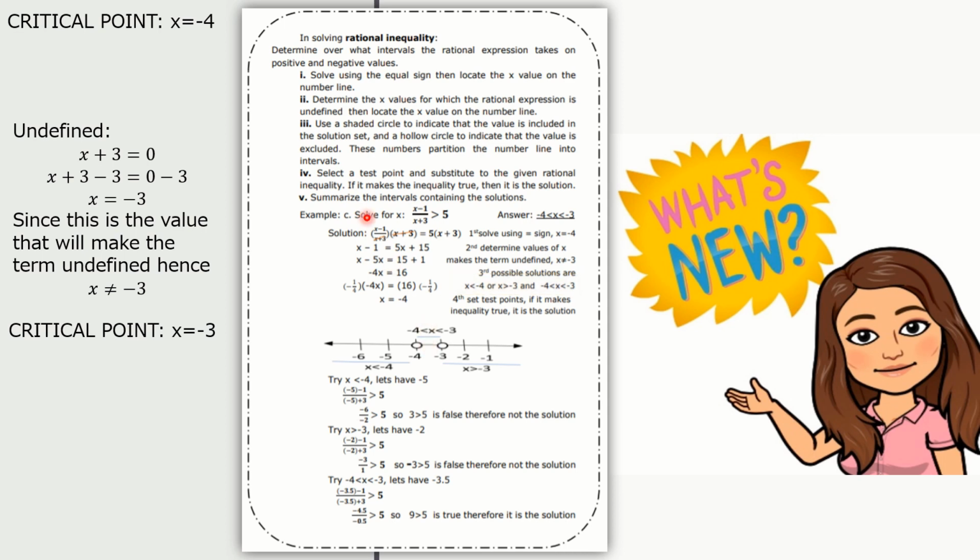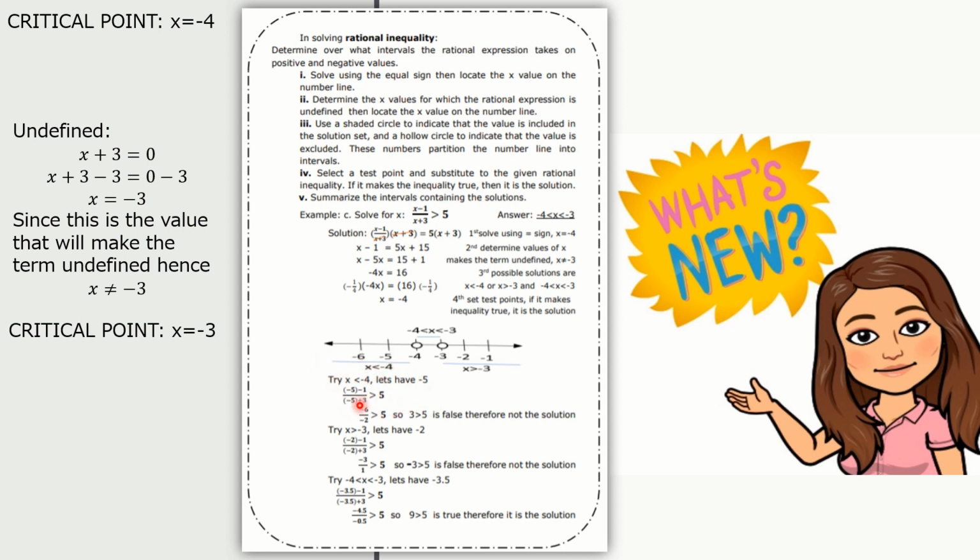Next, we select a test point and substitute it into the given rational inequality. If it makes the inequality true, then it is the solution. So let's try the first interval, x less than negative 4. Let's have a test point of negative 5. You can use any test point, but the nearest test point is negative 5.